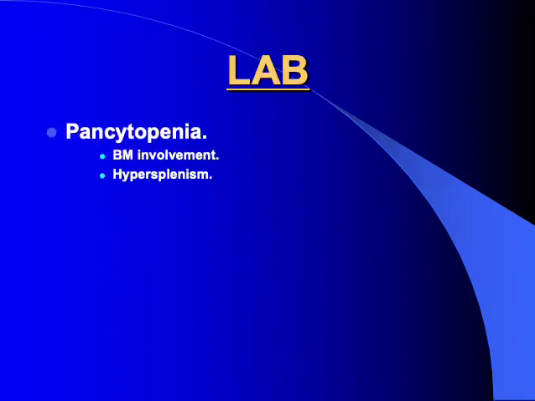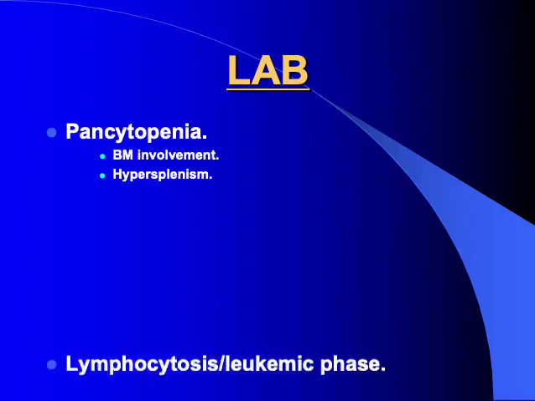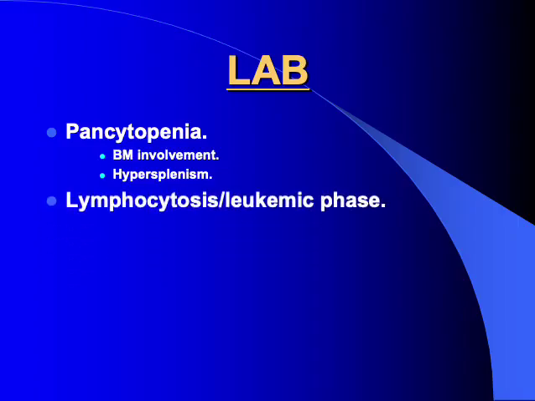Laboratory values. CBC shows pancytopenia. That's due to bone marrow involvement and hypersplenism. Peripheral blood smear: lymphocytosis, circulating malignant cells, leukemic phase of lymphoma. Chemistry: high LDH in high-grade lymphoma.